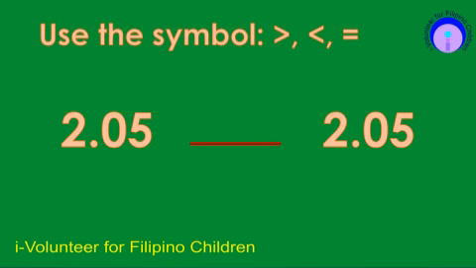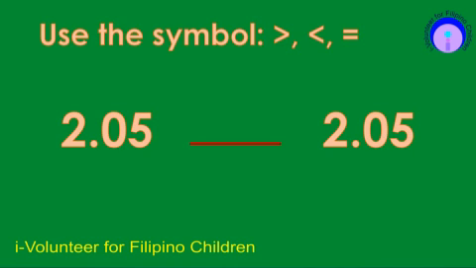Use the symbol less than, greater than, equal. 2 and 500ths is equal to 2 and 500ths.